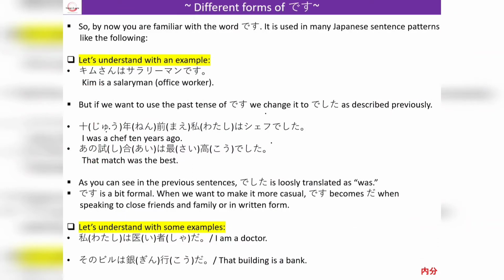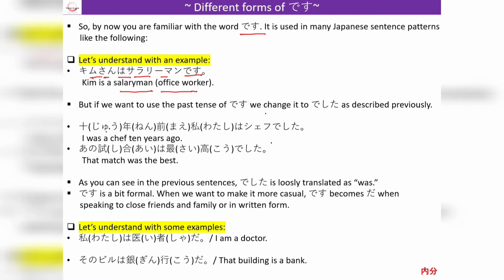Now you are familiar with the word this and its uses and its forms. So it will be used in many sentence patterns like following. First is Kimu-san wa sarariman desu. Sarariman is basically an office worker or salary man.